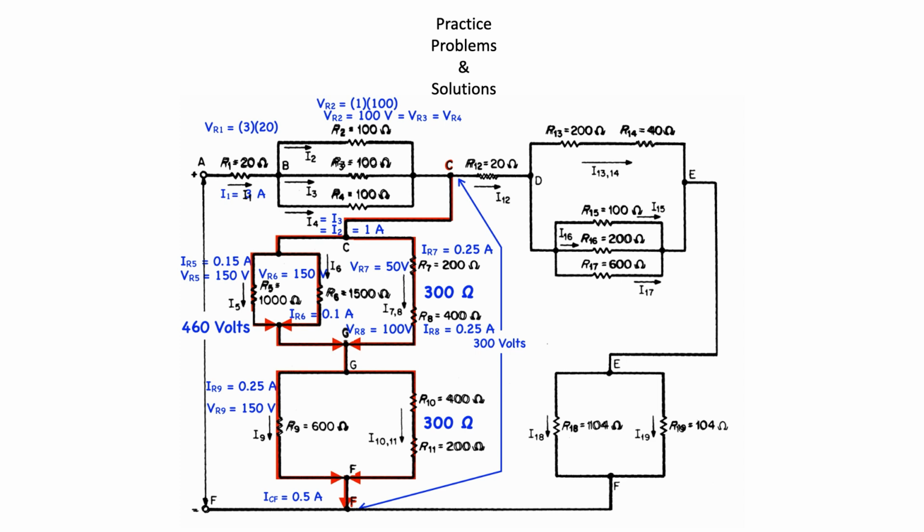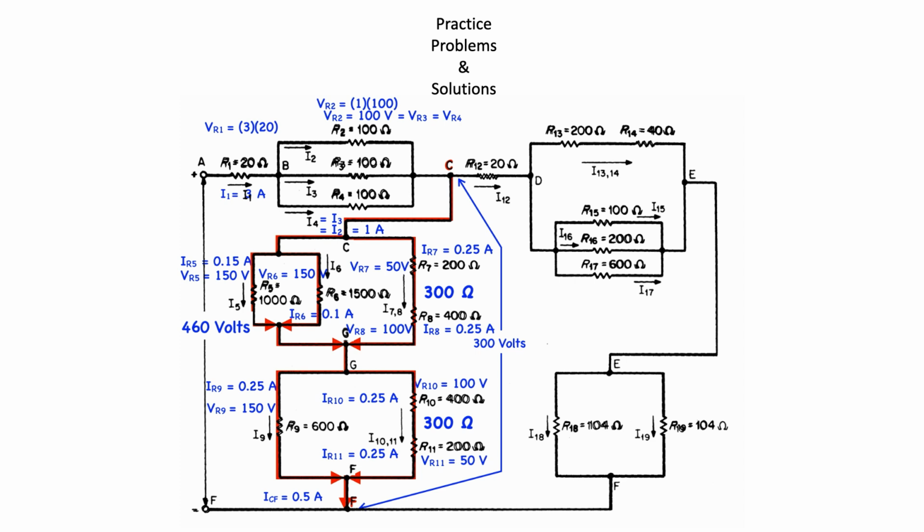Using the same logic, we can calculate the current through and the voltage drops across R10 and R11. Using voltage division, we know that IR10 and 11 equals 0.25 amps.